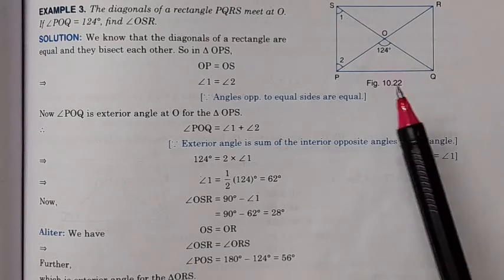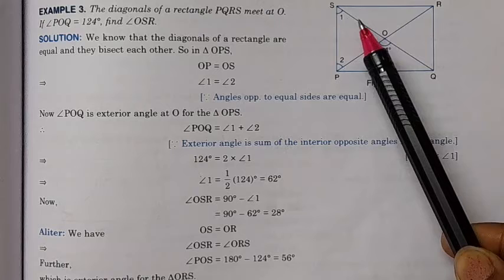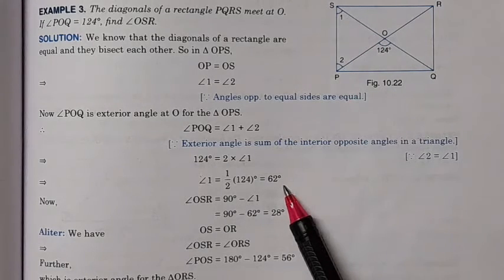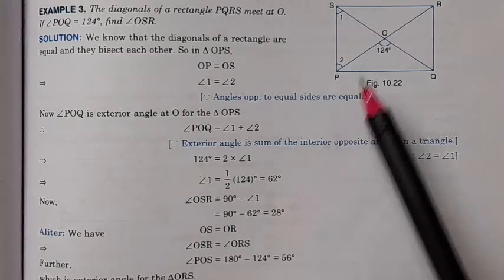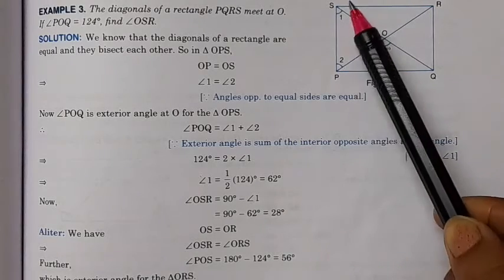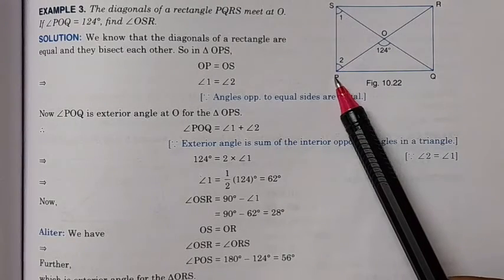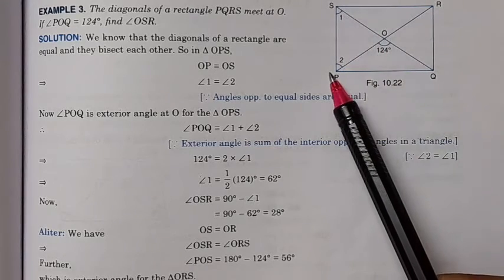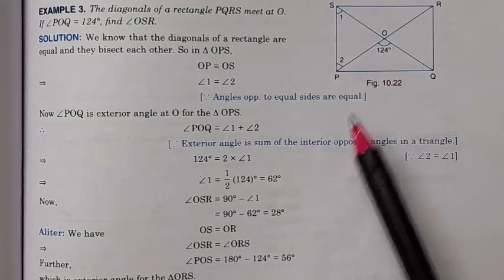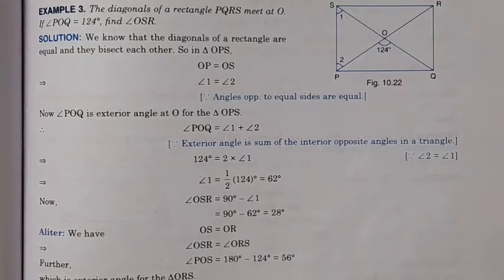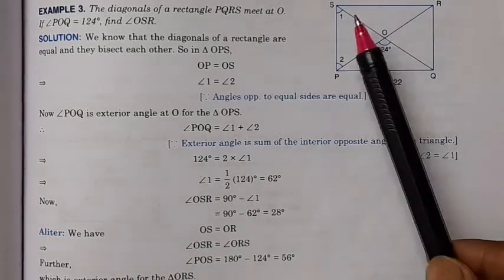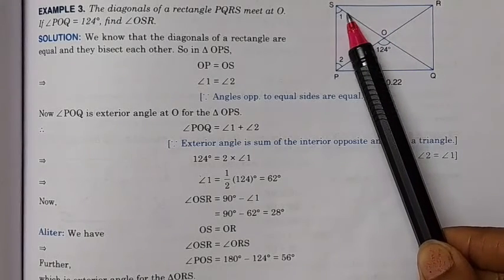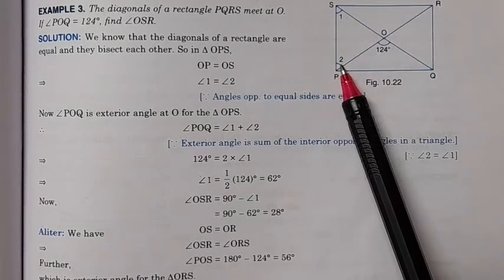So, now angle 1 will be equal to 62 degree. Why? Because angle 1 and angle 2 both are equal. If sum of these two is 124 degree, that means either one is equal to 62 degree, that is half of 124. Clear? So that means angle 1 is 62 degree. Angle 2 is also 62 degree.